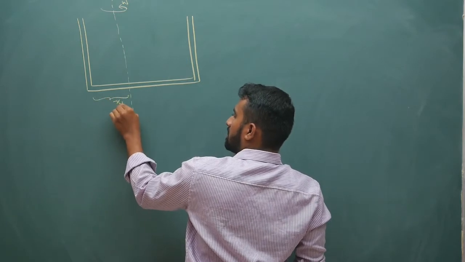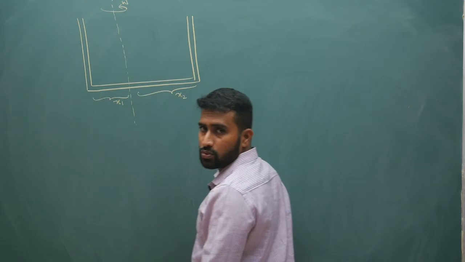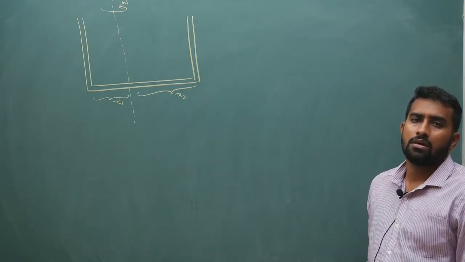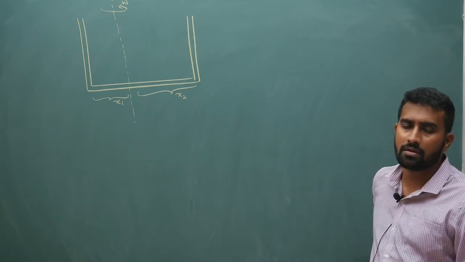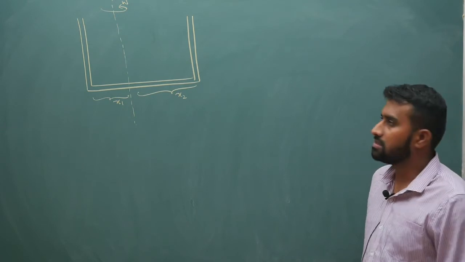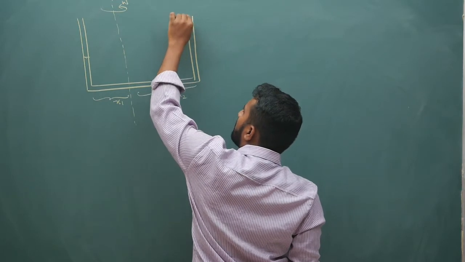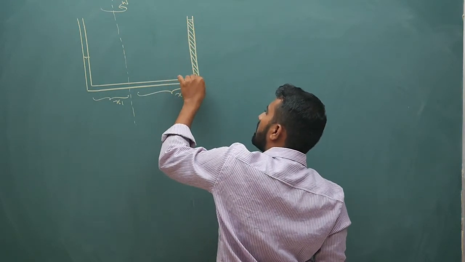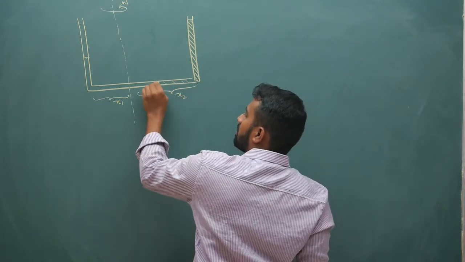From here to here the distance is x1, from here to here the distance is x2. Because of the rotation, the height in each limb will not be the same. I told you farther means more pressure, so this side the liquid column will have more height compared to the left one.